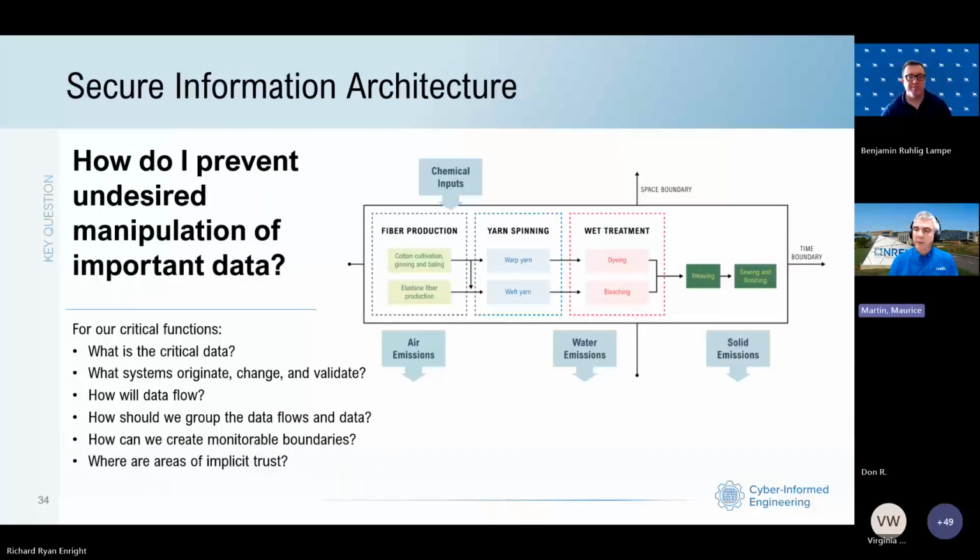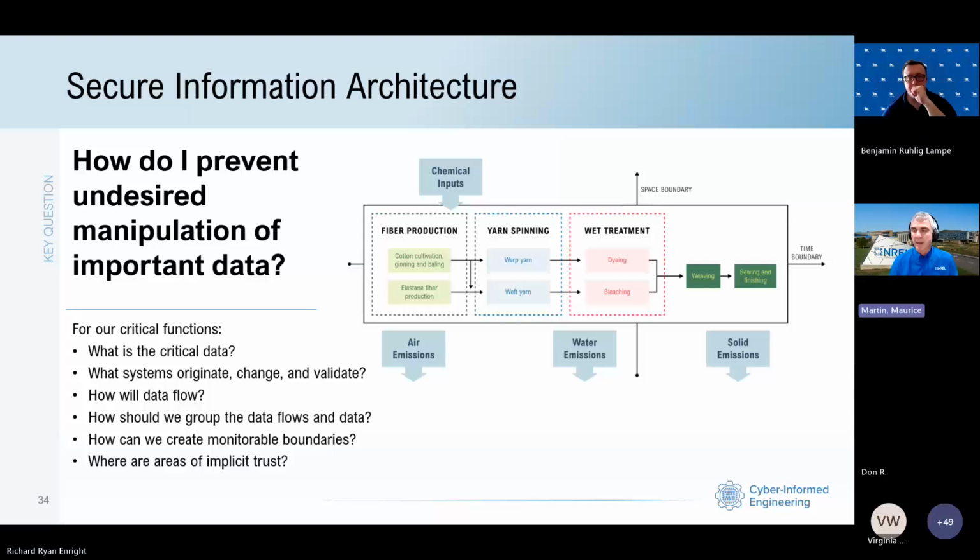There we go. The secure information architecture. Now, your system is going to have information architecture. There will be pathways for control signals. There will be data flow. There will be telemetry. How this is designed can be improved upon and informed by bringing the engineers into the conversation. When they are able to answer, these are the critical functions and these are the possible consequences, that helps the IT folks understand, oh, this data stream is most critical.